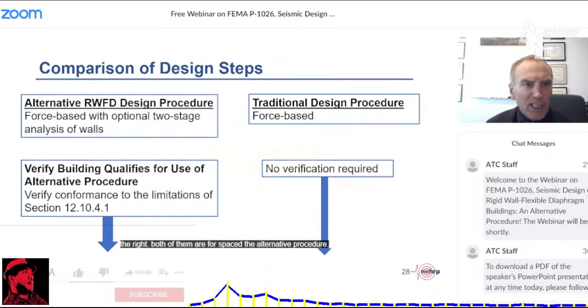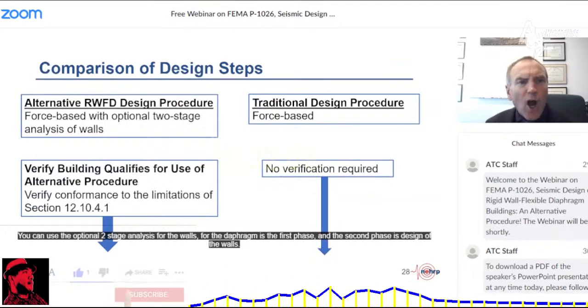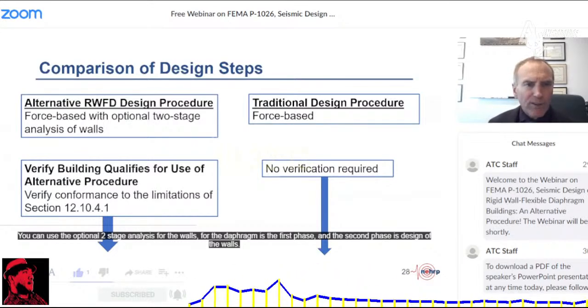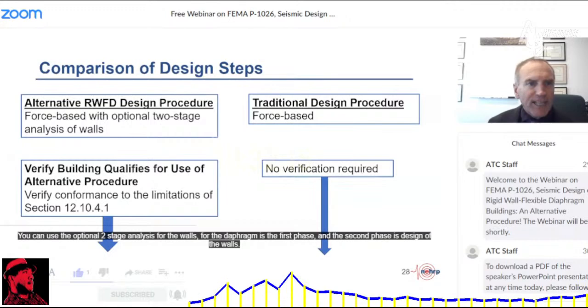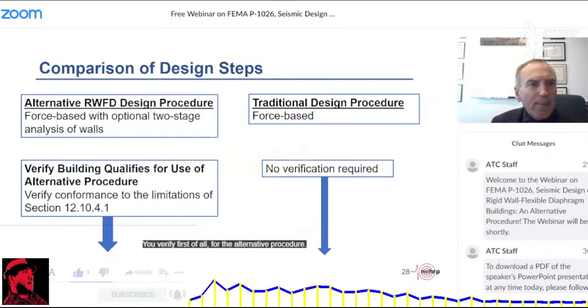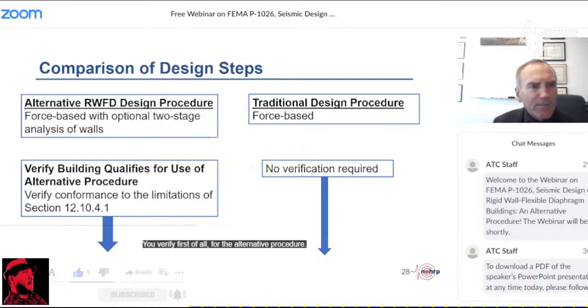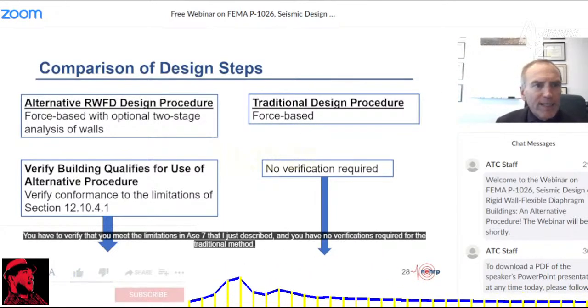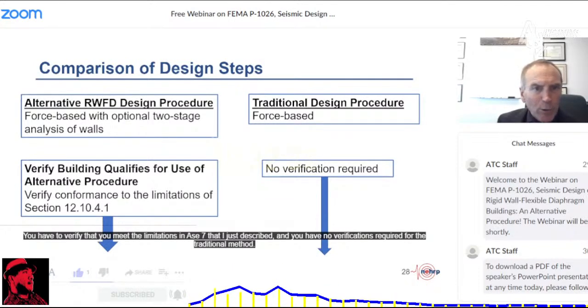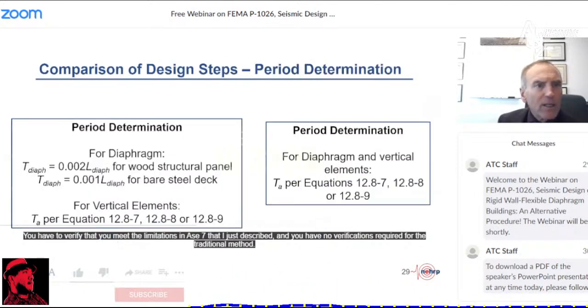The alternative procedure, you can use the optional two-stage analysis for the walls. For the diaphragm is the first phase, and the second phase is design of the walls. You verify, first of all, for the alternative procedure, that you meet the limitations in ASCE 7 that I just described, and you have no verifications required for the traditional method.